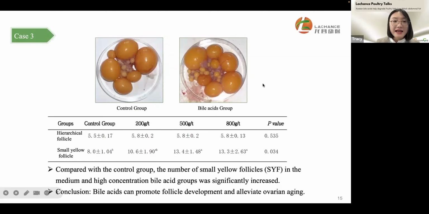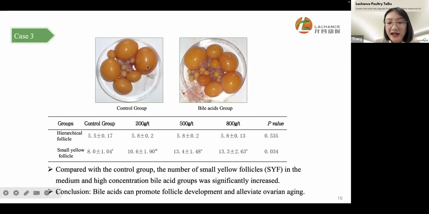And the third case that I would like to show you is that you can compare with the control group. This is the control group, and this is the bile acids group. After adding bile acids, compared with the control group, the number of small yellow follicles, you can see that in the medium and the high concentrated bile acids group was significantly increased.